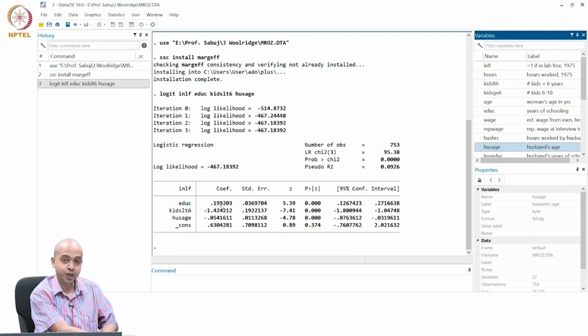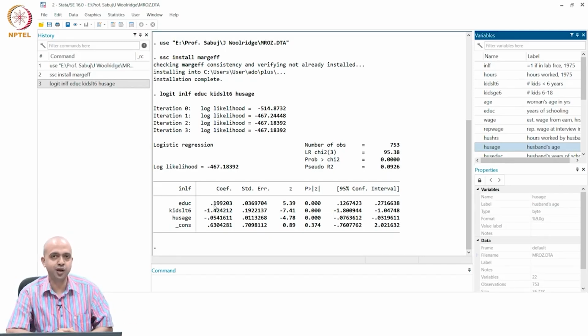But we cannot take this value as a marginal effect. That means we cannot say that for 1 unit change in education, this is the change in probability, because our dependent variable is log of pi by 1 minus pi. So, for a unit change in education, the log odds ratio changes by 0.19.